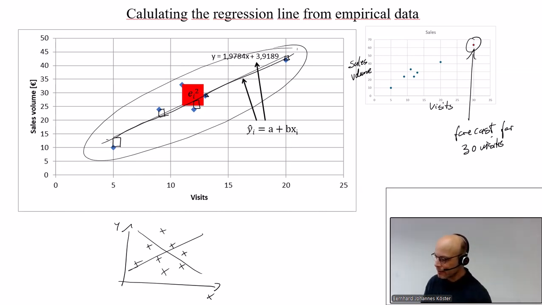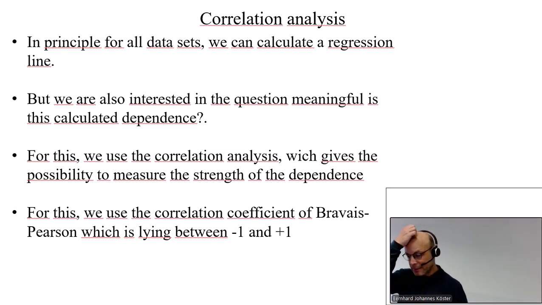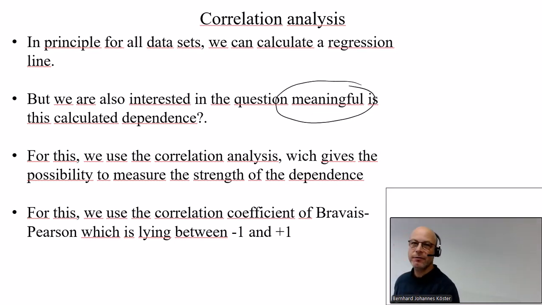And for this, we want now to go on with the so-called correlation analysis. So in principle, we can do a linear regression for all data sets. But we want to know how meaningful our calculation is. Can I really rely on my forecast that if I increase my visits to 30, then in the end I obtain a sales volume of around 60 or a little bit more?